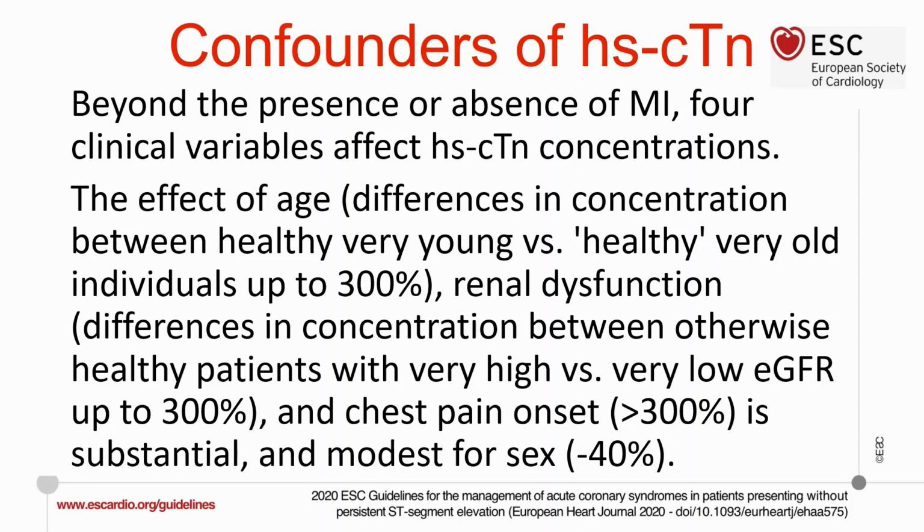The effect of age, differences in concentration between healthy very young versus healthy very old individuals, up to 300%; renal dysfunction, differences in concentration between otherwise healthy patients with very high versus very low eGFR, up to 300%; and chest pain onset, greater than 300%, is substantial, and modest for sex, 40%.